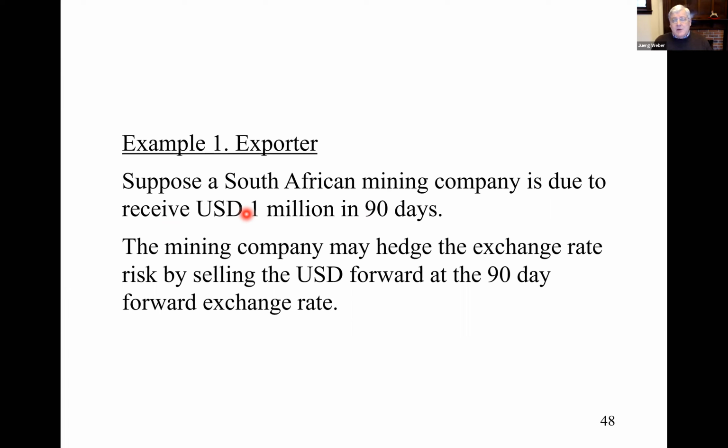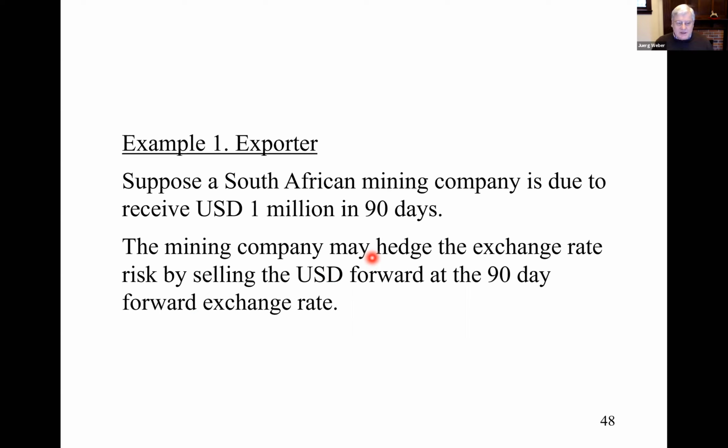So what the mining company can do, it can sell those dollars forward at a forward exchange rate. And then it knows exactly what it gets. So it can lock in this forward exchange rate, and then it no longer has any exchange risk. So it can hedge this risk.